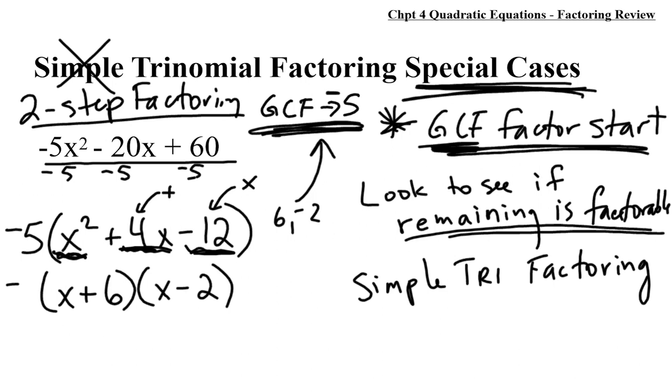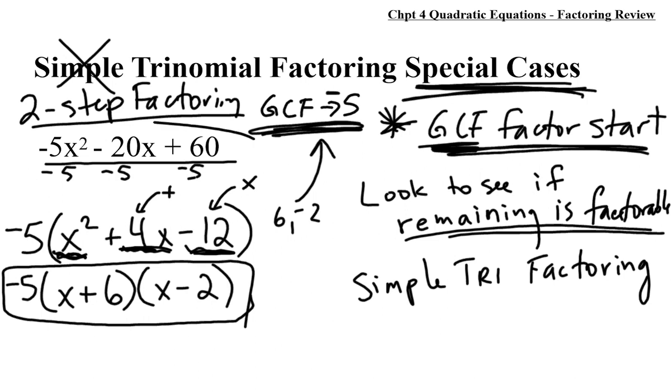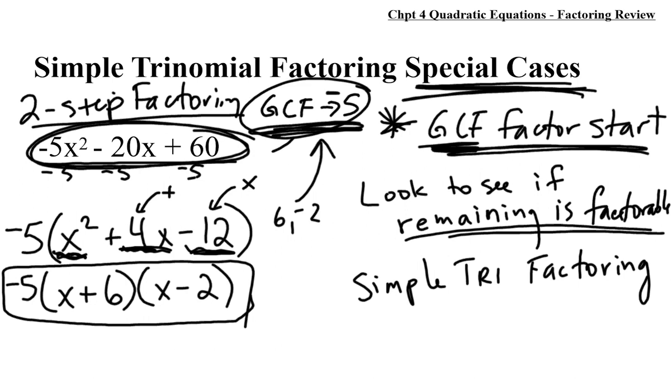Don't forget the negative 5 out front. And there's our factored form of our original trinomial. Didn't start off as a simple trinomial, but after the factoring, it became a simple trinomial. So GCF to start, simple trinomial afterwards to get a factored form.